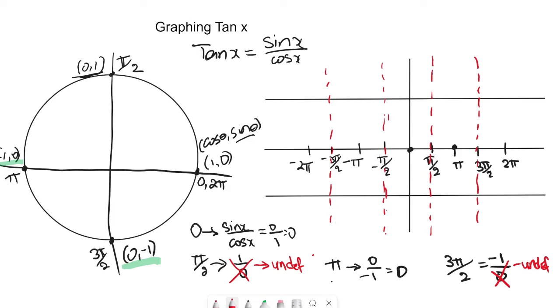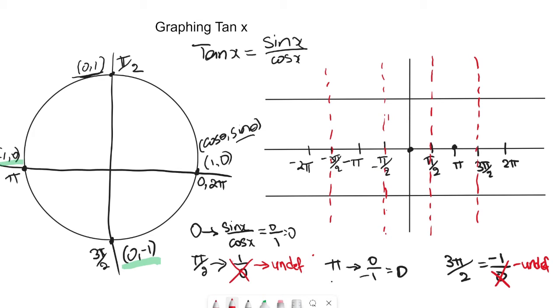So when we're graphing tan, cotangent, cosecant, and secant, there's a very important aspect of our graph, which is our asymptote. That's a new aspect of our graph that we're introducing.